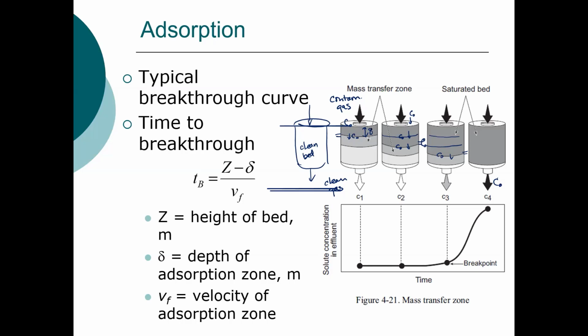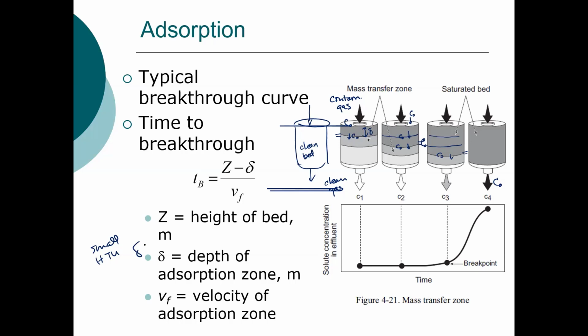The smaller the depth of the adsorption zone, or the smaller the HTU, the more effective the adsorption. So if you're looking at very efficient removal, you want a material that has a small HTU, or sigma, the same height of the theoretical unit, or depth of the adsorption zone.